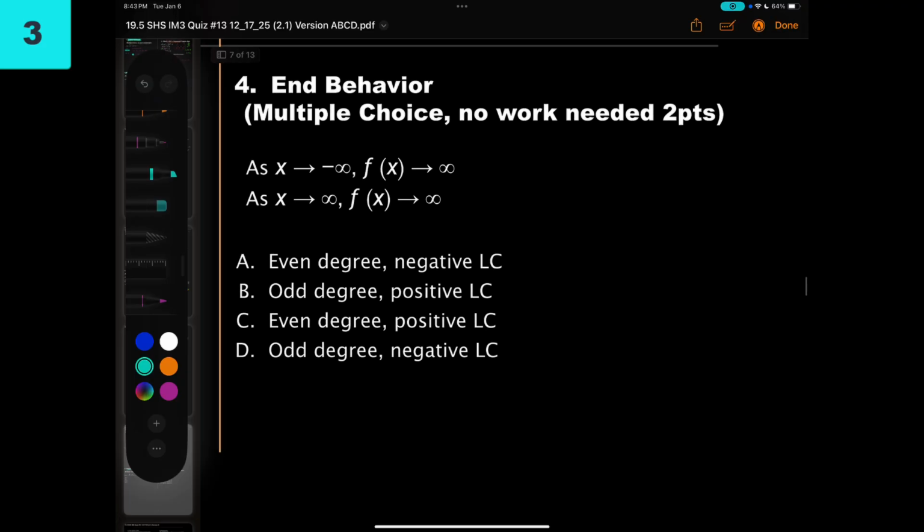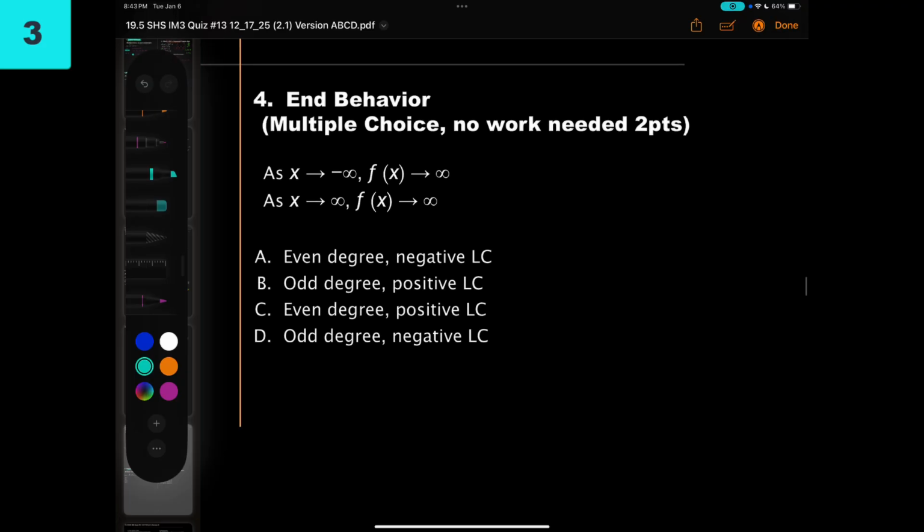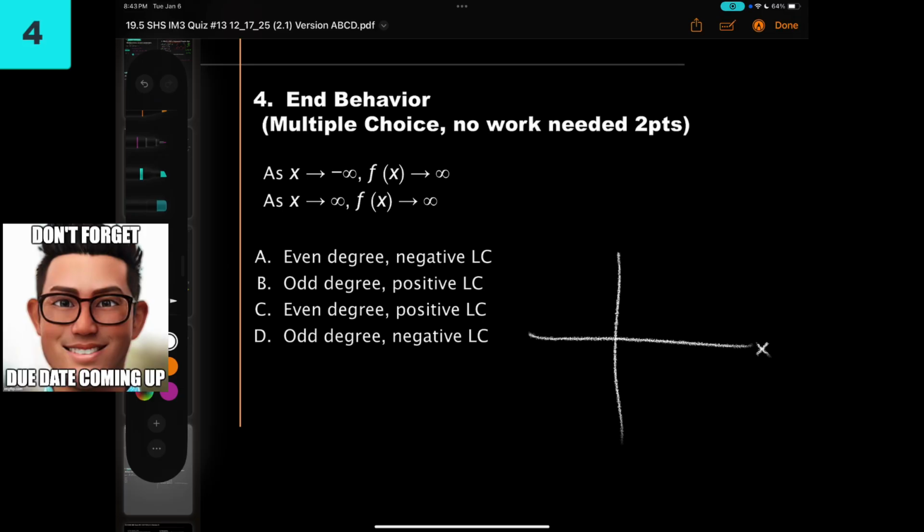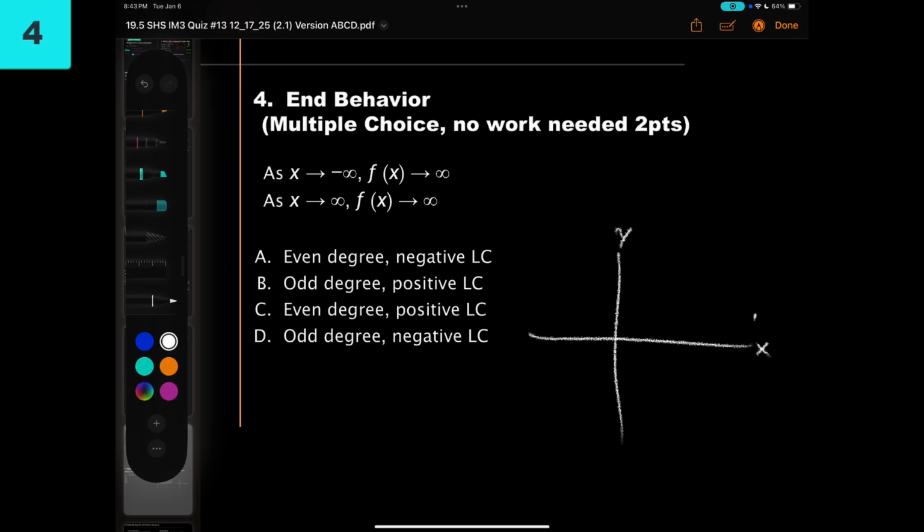Okay, question number 4, end behavior. Let's draw a quick graph. We'll label the x, the y. Positive numbers to the right, negative numbers to the left, negative numbers going down, and positive numbers going up. Okay, this box will stay the same. And the first one says as x approaches negative infinity.